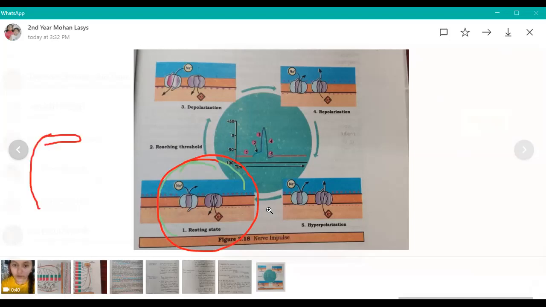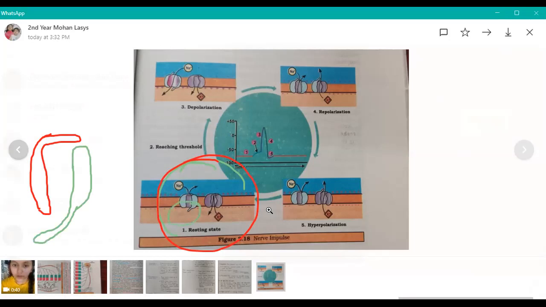Like this it was given, and like this it was given. You need to understand if it is open like this, like this, you need to understand this is open.